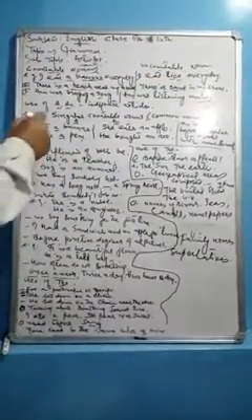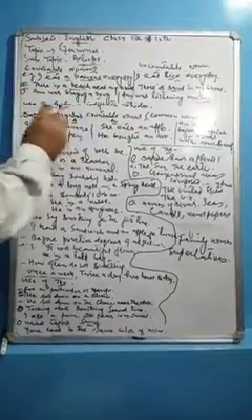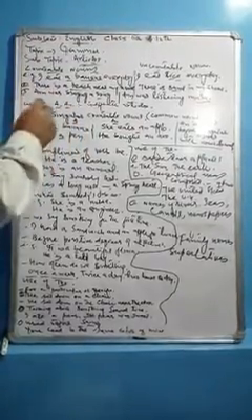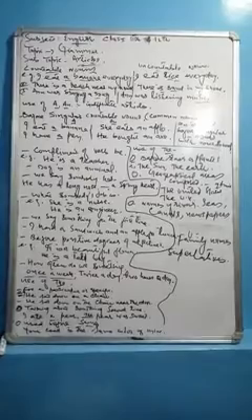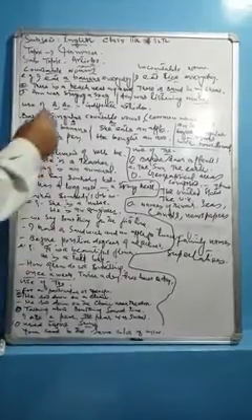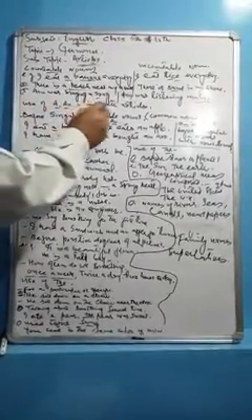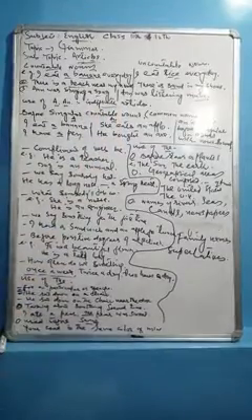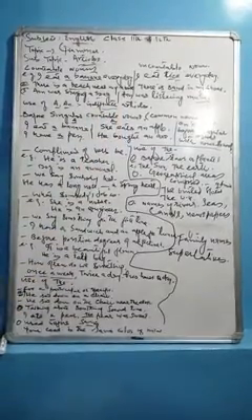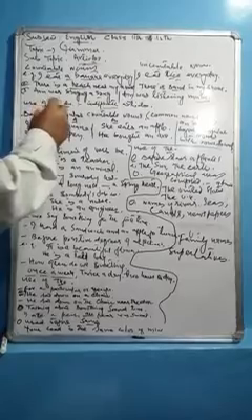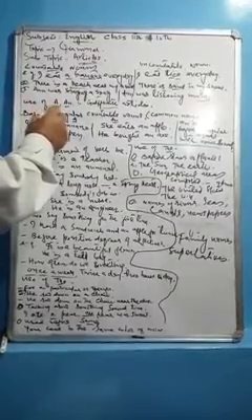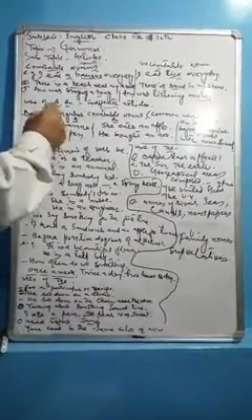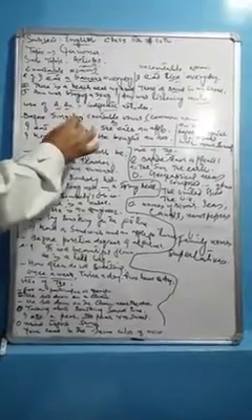Now, use of articles. There are three articles: a, an and the. A and an, these are known as indefinite articles. So, let us see. Here are examples of where we use a or an.